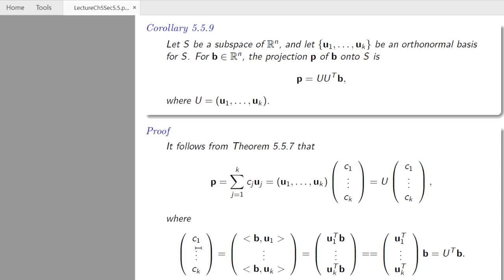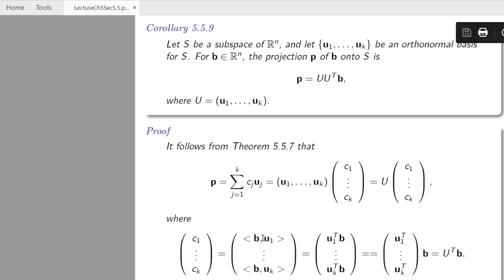But c1 equals the inner product between b and u1. That's from Theorem 5.5.7. So we get that. And this inner product equals the scalar product, because we are in the space V equal to R^n, so the inner product is the scalar product.